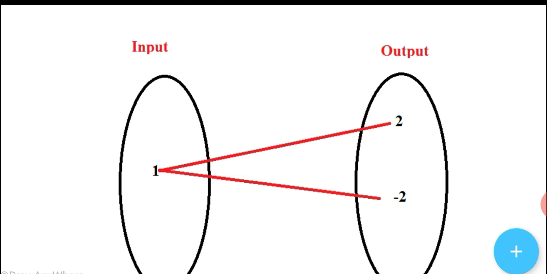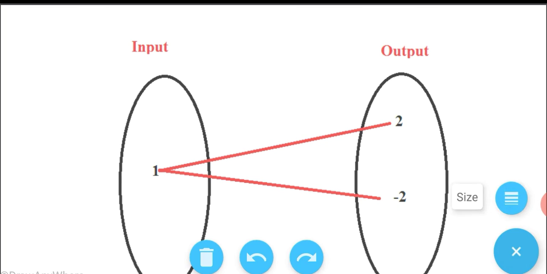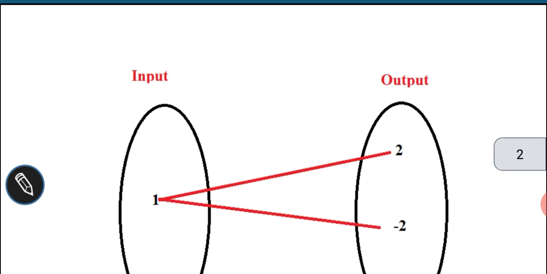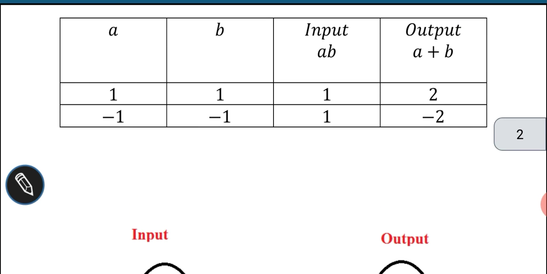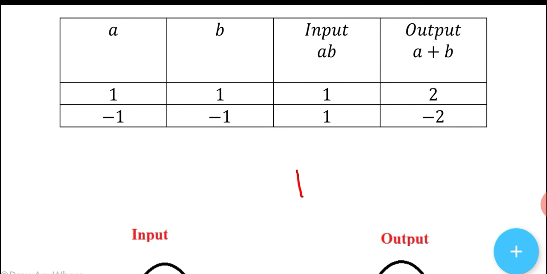For input we have only 1. For output we have two different elements, 2 and minus 2. In both cases the input is the same, 1.